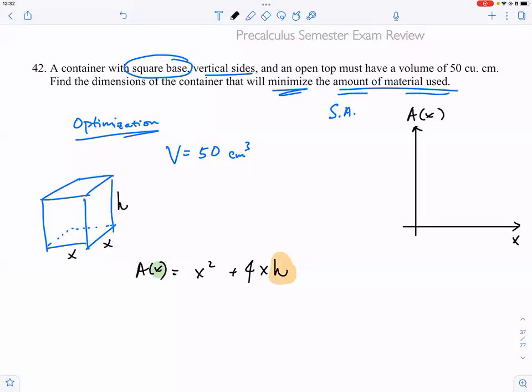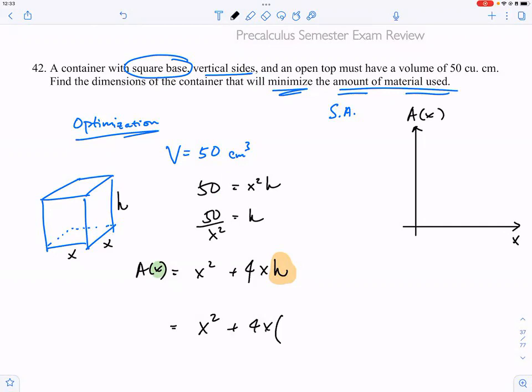So what do we do? Well, we have to find some way to substitute the h. And that's why they gave you the volume. The volume would tell you that h is equal to 50 over x squared.